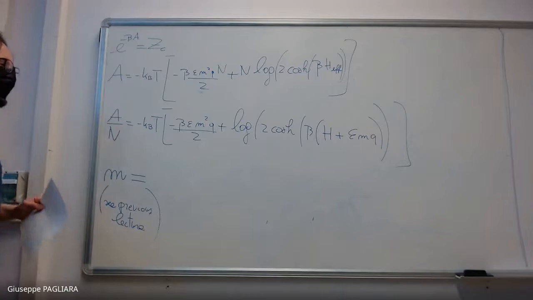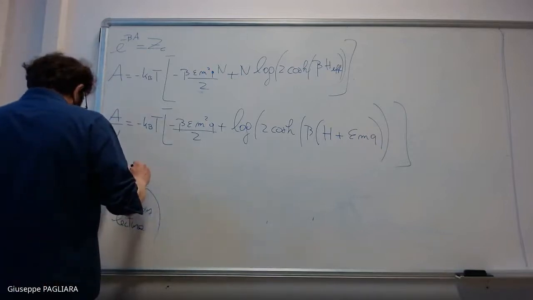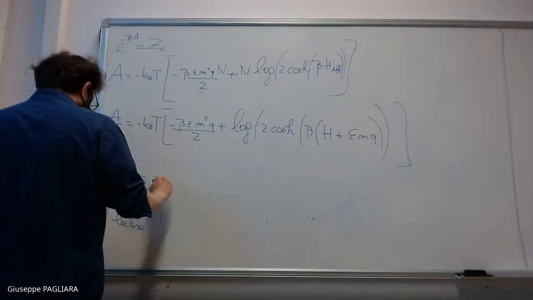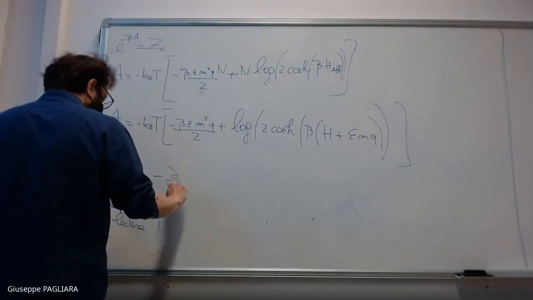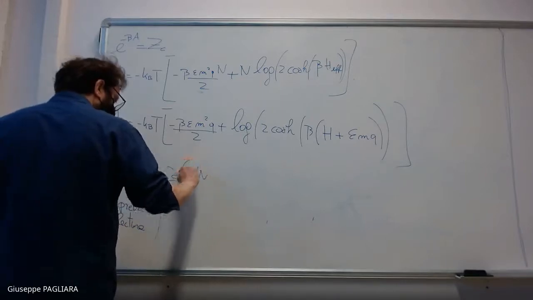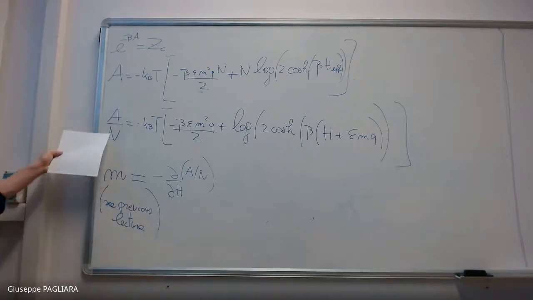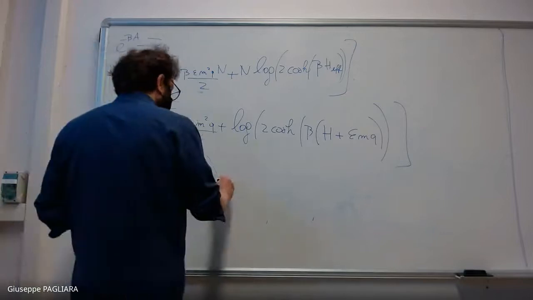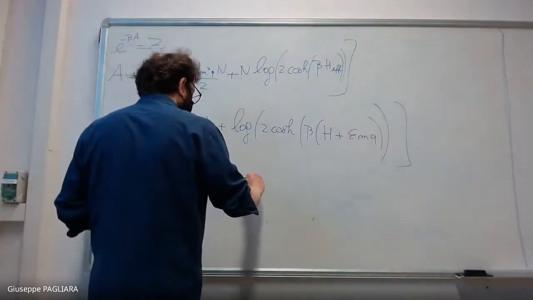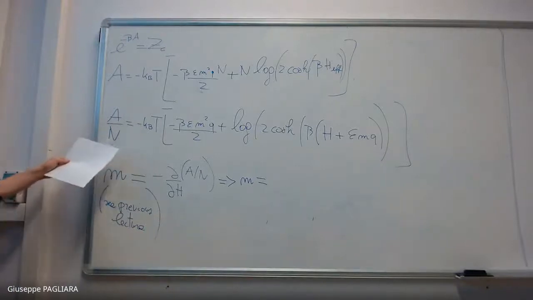We have done this calculation last time. So m is minus the derivative with respect to the magnetic field of A divided by N. So I have to take this function and derive it with respect to h.